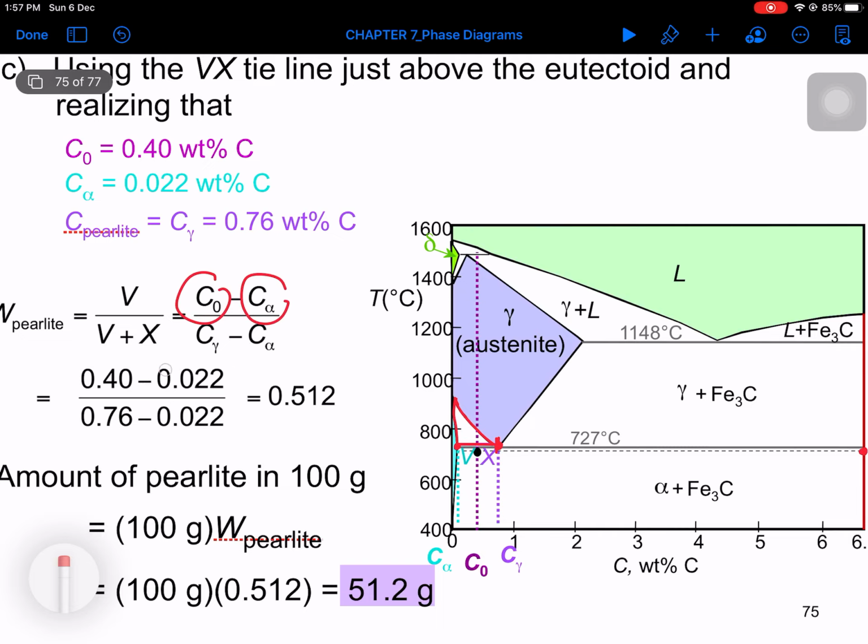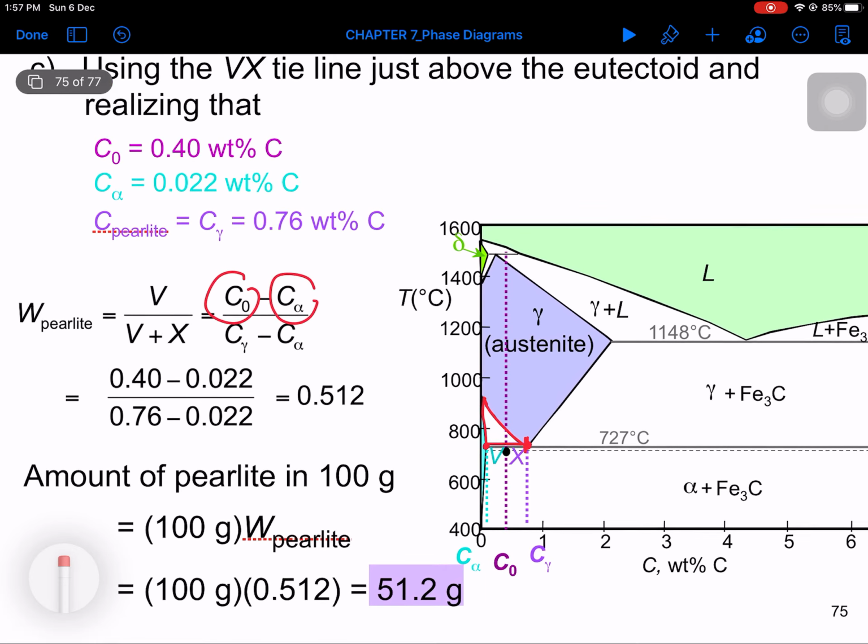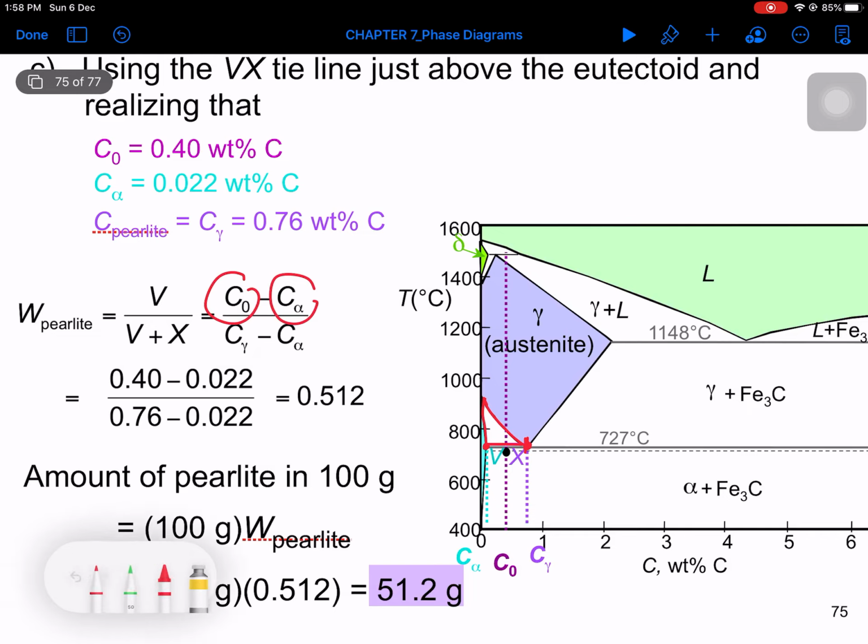So the C gamma is 0.76 minus the C alpha, and we get 0.512. For the amount of perlite, it is 100 gram times whatever you get from the calculation of the weight fraction of perlite. I'm sorry, it's not of ferrite, it's perlite. That's the amount of perlite that you get from 100 gram of steel.